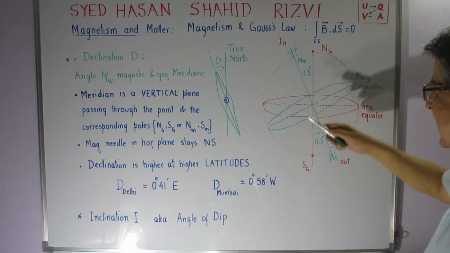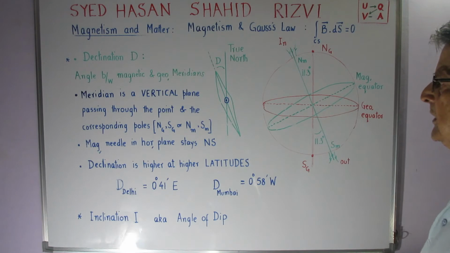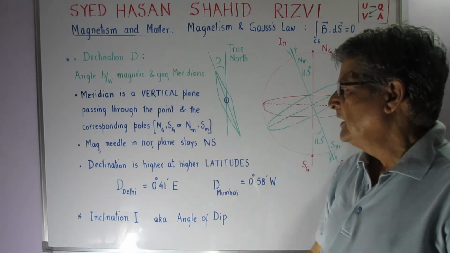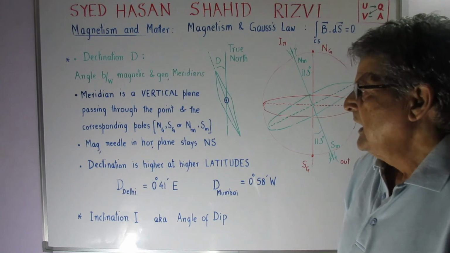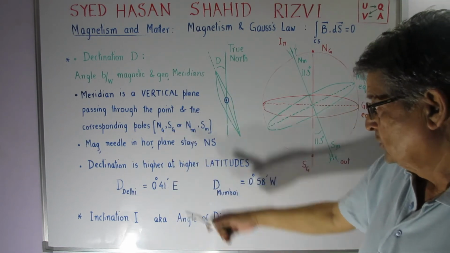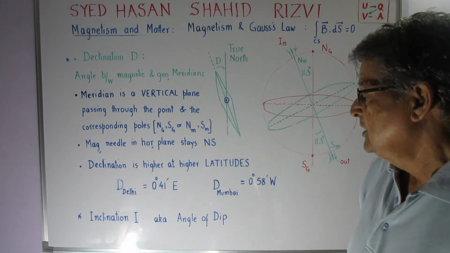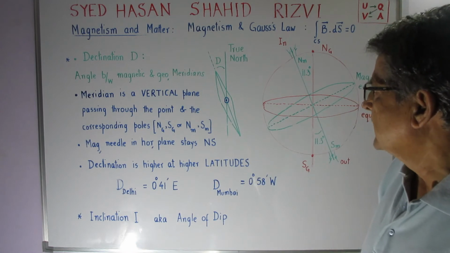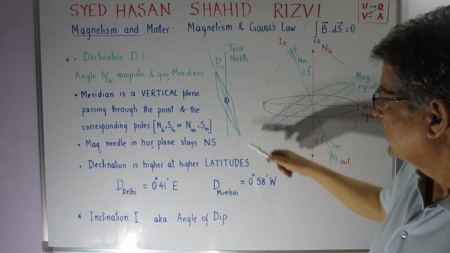That plane is called the meridian. So a meridian is a vertical plane passing through the point and the corresponding poles. There will be two meridians: one is the geographic meridian and the other is the magnetic meridian, which has been shown over here.